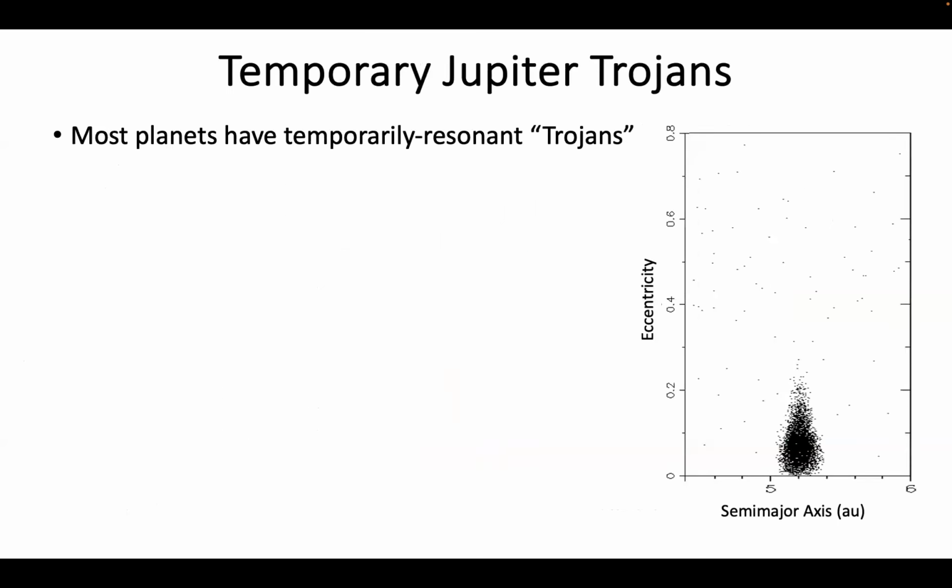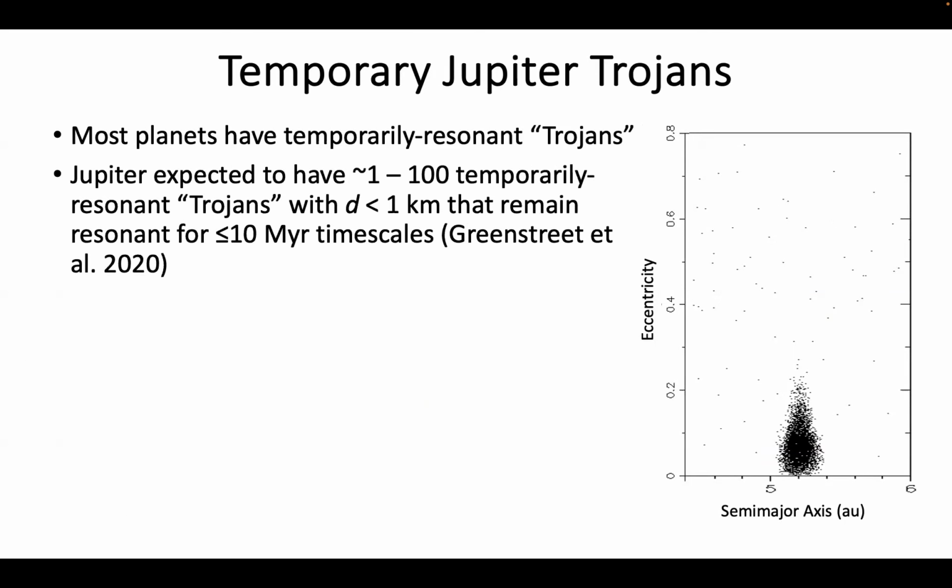We do know that many planets in the solar system host these populations of temporarily resonant Trojans. And from a large numerical study I did a few years ago, we know that Jupiter should have up to 100 of these temporarily resonant Trojans that can remain resonant for up to 10 million years before they exit the resonance.